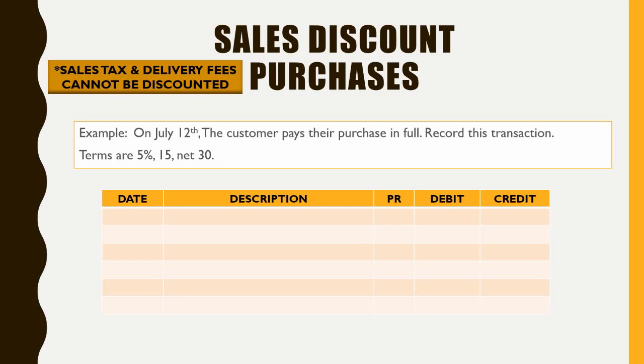What was the one before that? Our sales tax payable. Before that? Sales. Not sales. Oh, sales discount. Now, can a sales discount be on the credit side? No, it has to be on the debit side.